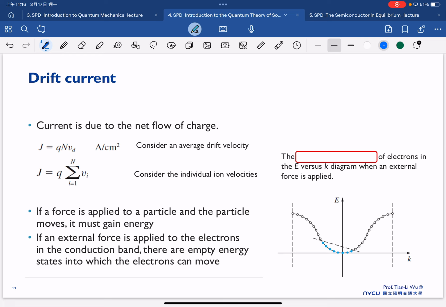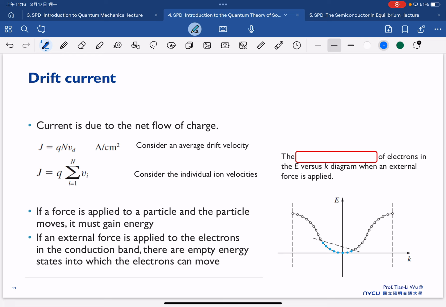So far we didn't talk about this. We just talked about a single particle flow, and then how tunneling is possible, and in the end how it becomes the current. But now we start to move to the next level where we want to understand the current.